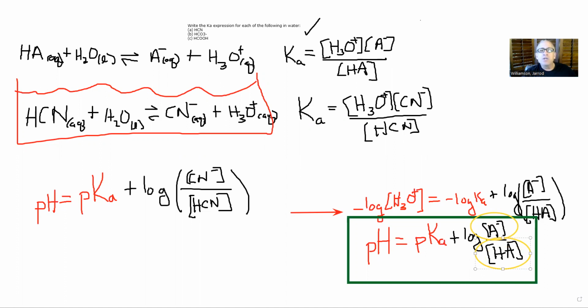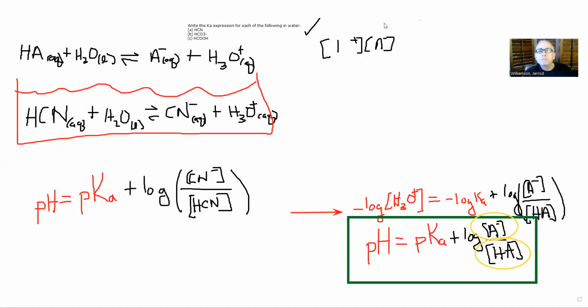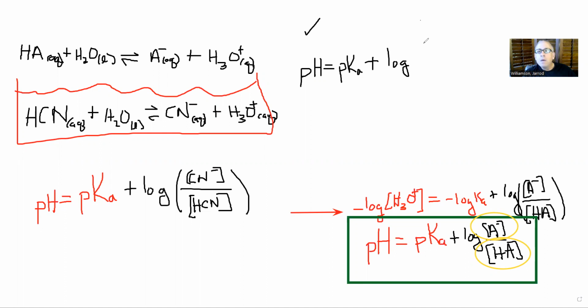The Henderson Hasselbalch equation basically says, for a buffer, I'll put it in words form, that the pH for a buffer system will be equal to the pKa plus the log of the conjugate base concentration divided by the concentration of its conjugate acid.